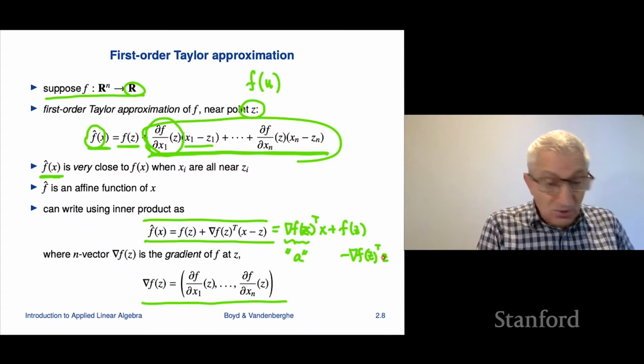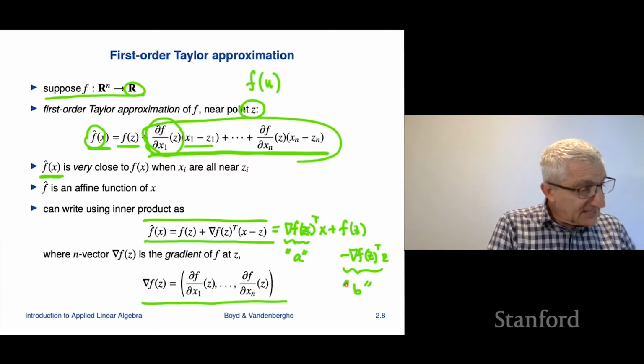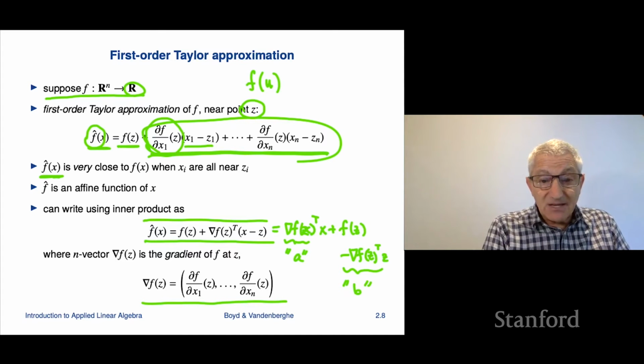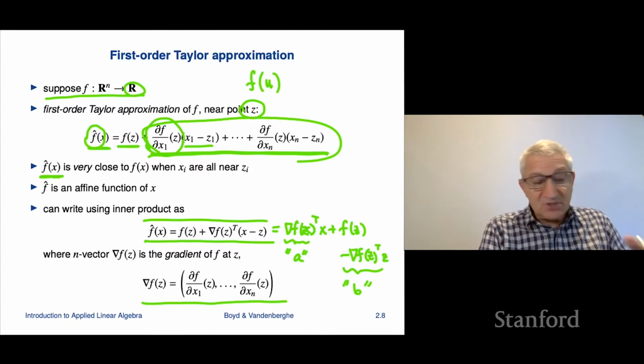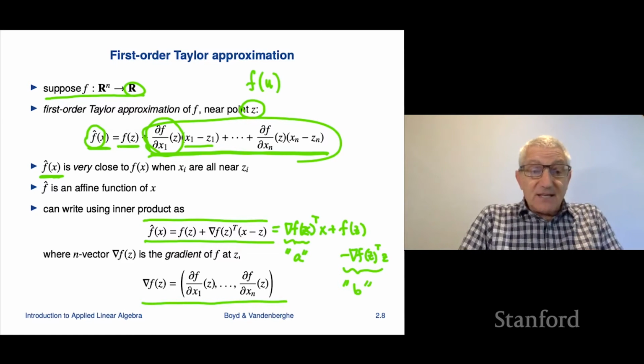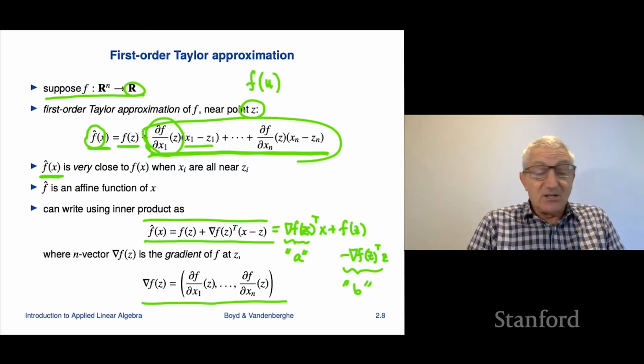This part here we would call b. That says f hat of x has the form inner product of a and x plus b. The summary of all this is that a good fraction of derivative calculus is simply an organized method for making affine approximations of functions.